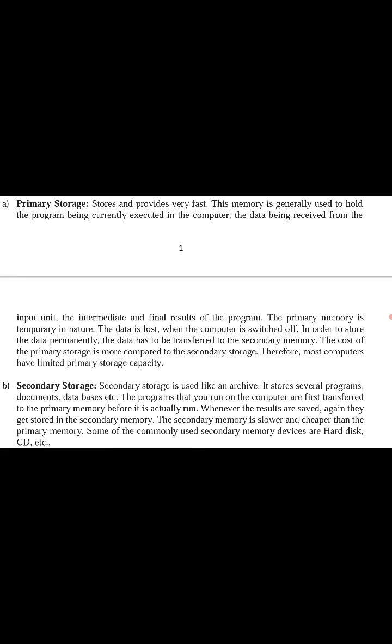Generally, primary memory is used to store the programs, software, and applications being currently executed. Means all the currently running programs and applications are stored in main memory or primary memory. It also holds the data or information received from the input units.